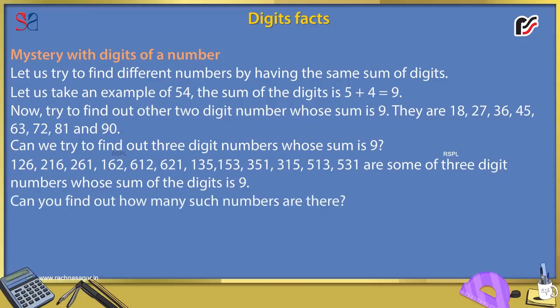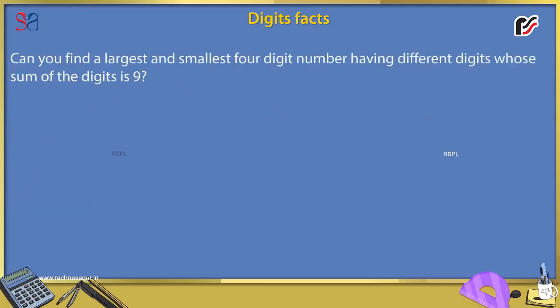Can you find out how many such numbers there are? Can you find the largest and smallest 4-digit number having different digits whose sum of the digits is 9?